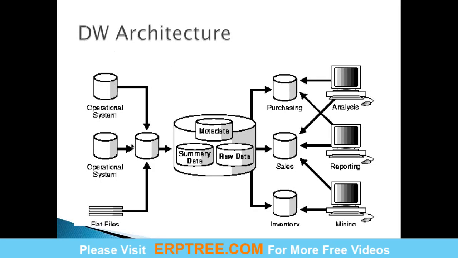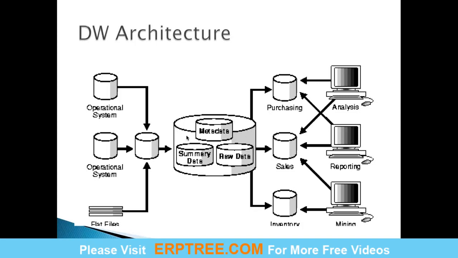This raw data, we are moving it into a staging area. This is called the staging area. Staging area is nothing but somewhere we are storing that data. That raw data we are storing here. We are moving this raw data into the data warehouse. We can also say this data warehouse is a repository.